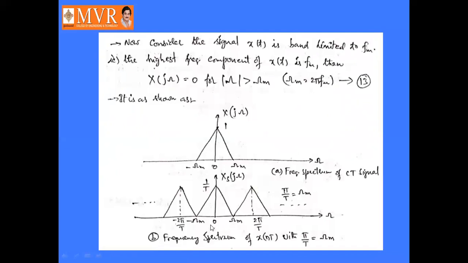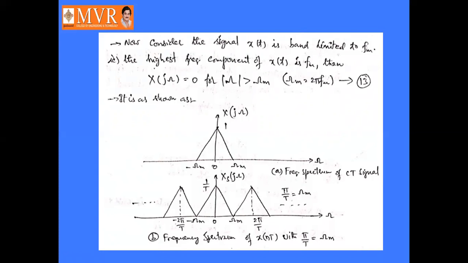Now consider the signal x of t is band limited to fm. That is, the highest frequency component of x of t is fm. Then X of j omega is equal to 0 for mod omega greater than omega m, where omega m is 2 pi fm. That is equation number 13.